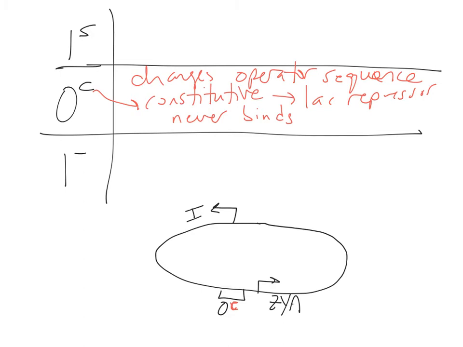That's the only one we've talked about where there's a mutation at the operator itself. The other two are mutations to lacI, the repressor protein, that change the protein. Well, one of these is a, what's S? In lacIs, S stands for what?